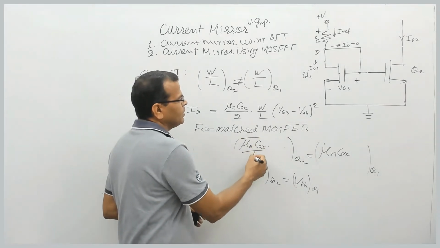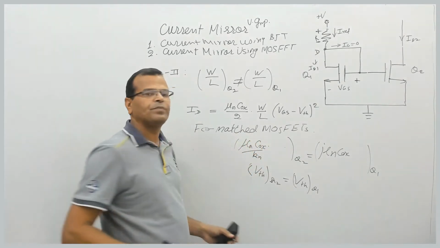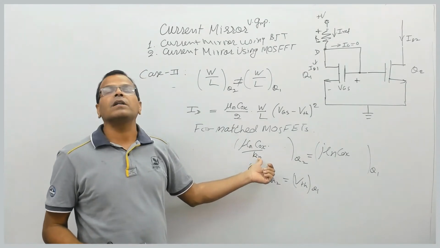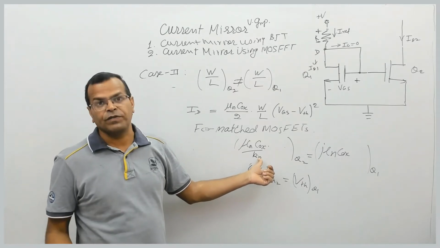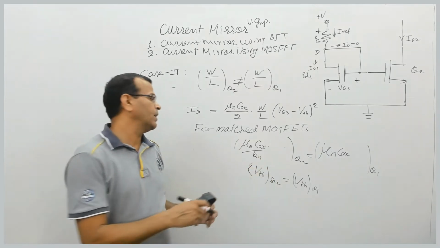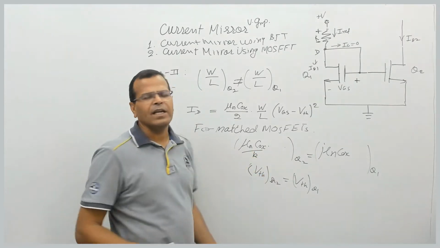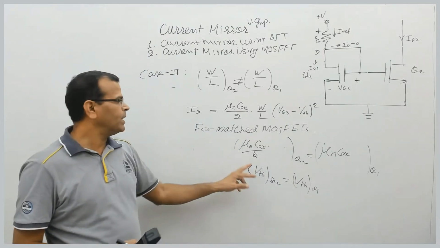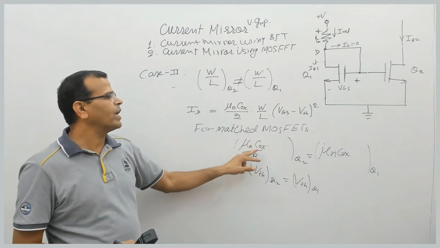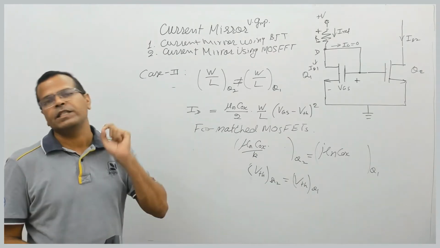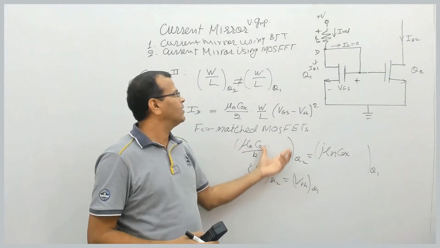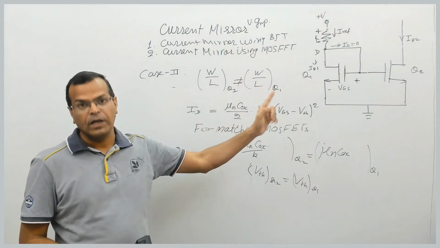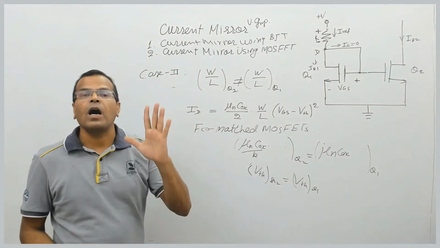In some textbooks it is denoted by Kn, the transconductance parameter of the n-channel MOSFET. Sometimes it is written simply K. So it varies from textbook to textbook. But we call this factor mu n into C naught x the transconductance parameter. So the transconductance parameter of both MOSFETs will be assumed to be the same in this case as well. But the aspect ratios are different.